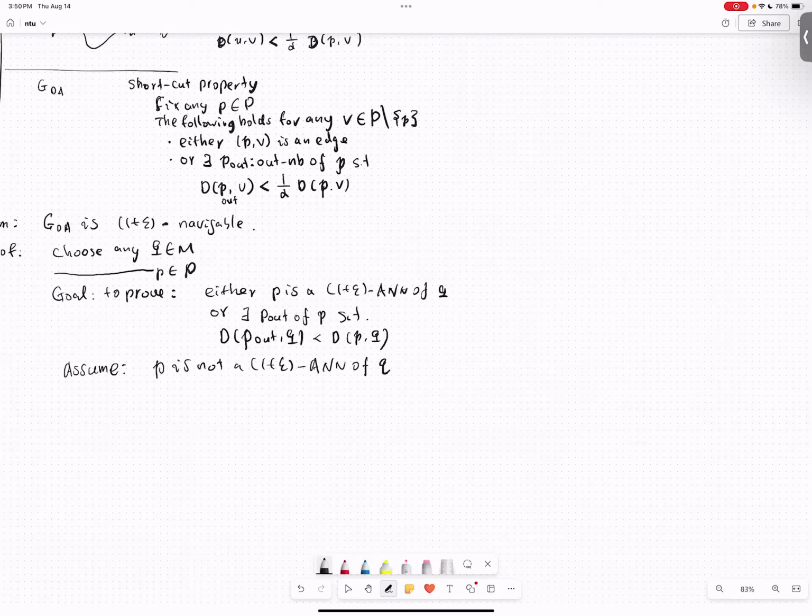If that is the case, let's identify the exact nearest neighbor. Let's define P star as the nearest neighbor of Q.